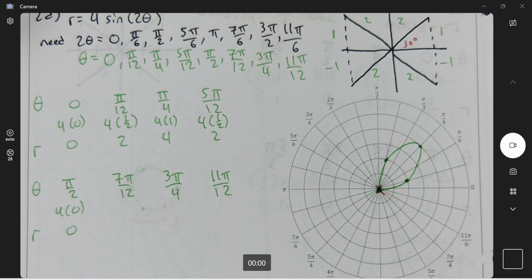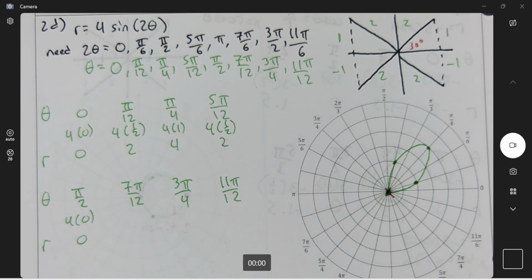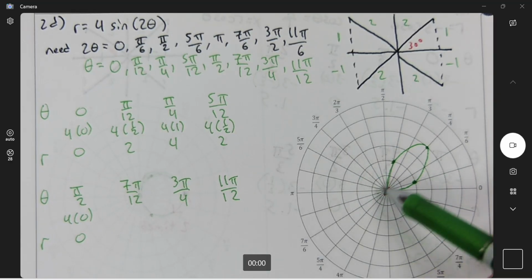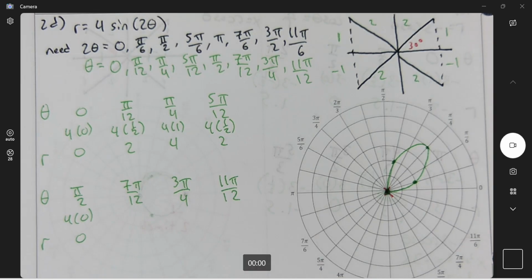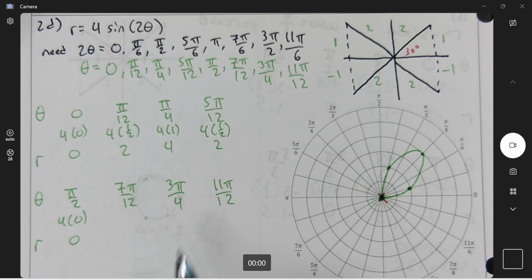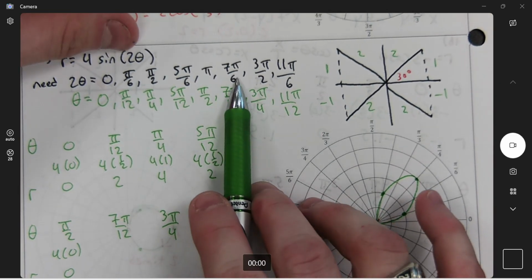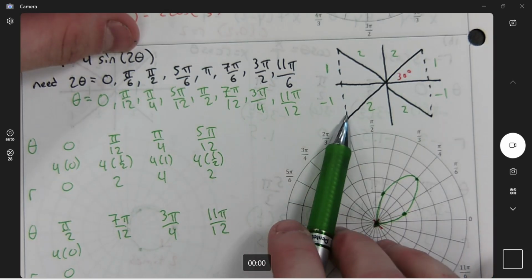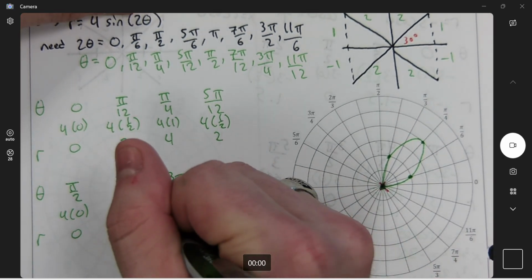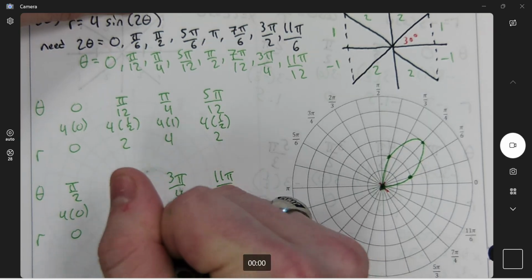Now sine has vertical axis symmetry. So this loop that I just made will have to exist over here. But we're not there yet. Let's keep on keeping on. The 7 pi over 12 forces my equation to evaluate sine at 7 pi over 6, which is here. So I now have a negative sine value. 4 times negative 1/2, or negative 2.